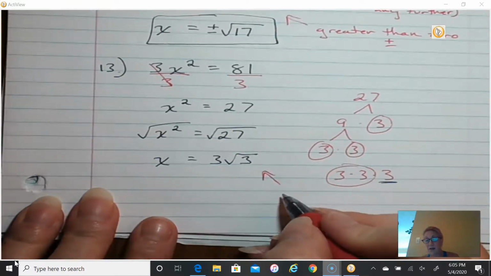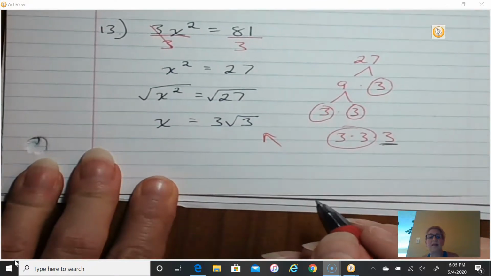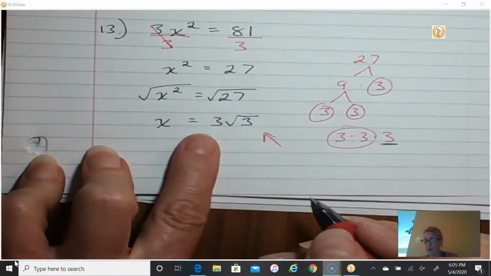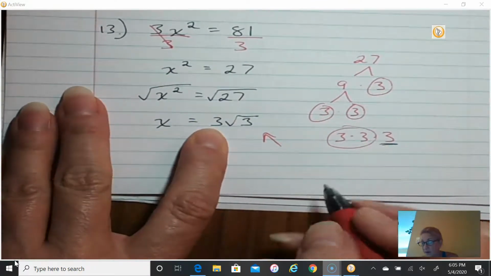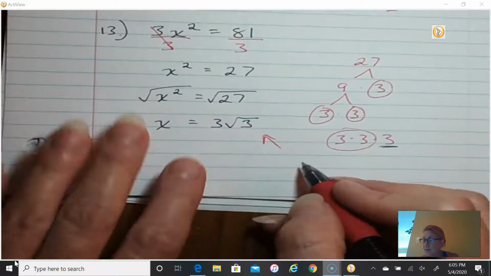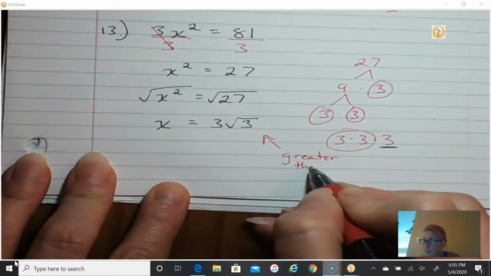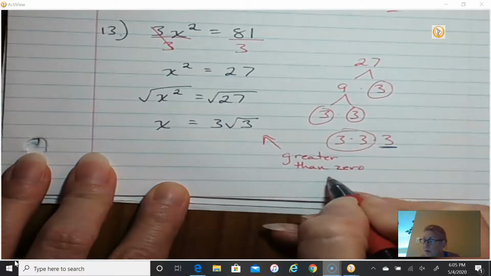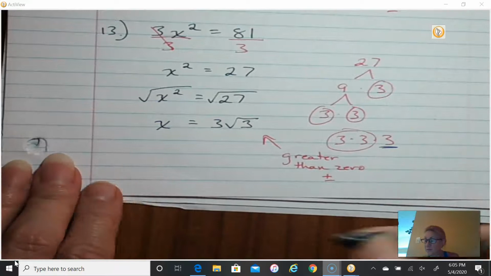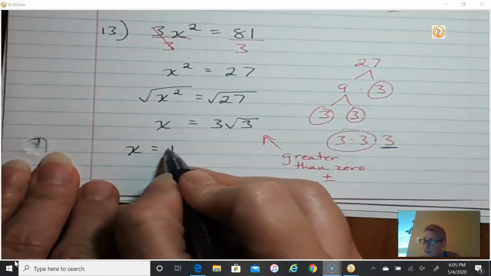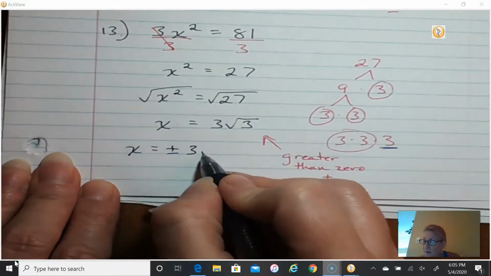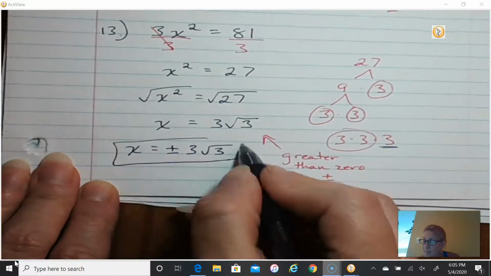This, is that greater than, equal to, or less than 0? Well, there's a whole number 3 there. That's not a negative, so therefore it is greater than 0, and so it's going to be plus or minus. So it's x equals plus or minus 3 times square root of 3.